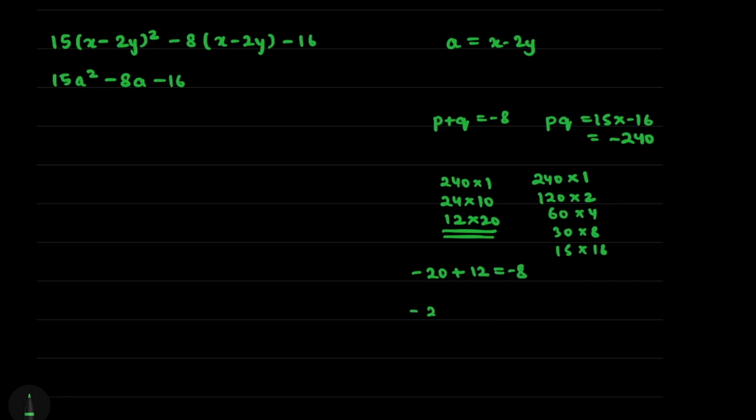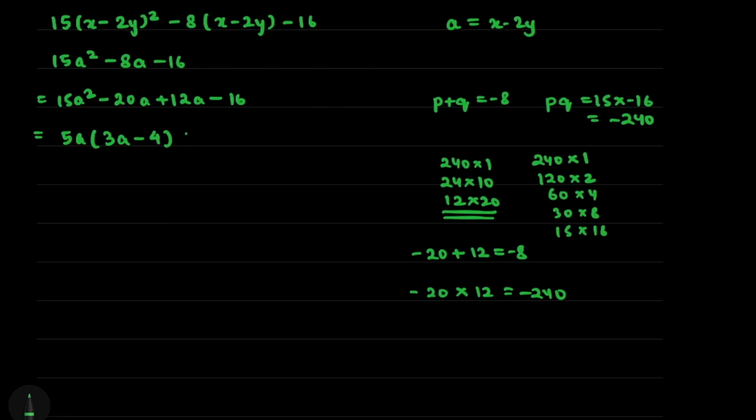And if we have minus 20 into plus 12, we'll get minus 240. We'll use these. So we have 15a squared minus 20a plus 12a minus 16. Let's take the common factor in this one. We'll do the same here. Take the common factor as 4, and that will give us a quotient of 3a minus 4. We'll again take the common factor of 3a minus 4, and this gives us the quotient of 5a plus 4.